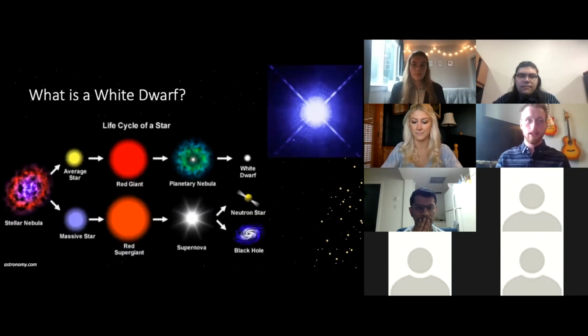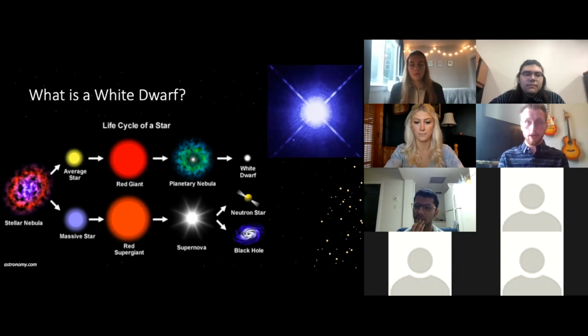First of all, what is a white dwarf? Generally speaking, a white dwarf is a late stage evolution of a middle to smaller size star, meaning that it's not so big that it'll explode and not so small that it'll just kind of fizzle out. When this sort of star reaches the end of its life expectancy and no longer contains any fuel to perform nuclear fusion to support its large size, it will shed its outer layers and the core will collapse down into degenerate matter, meaning that it'll become very, very dense and very, very hot because of that extreme pressure.